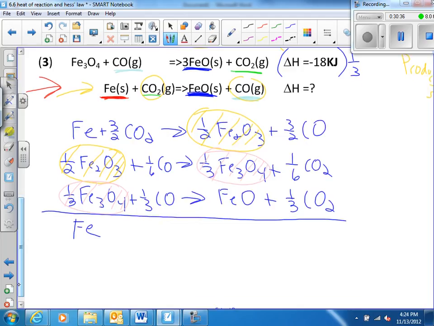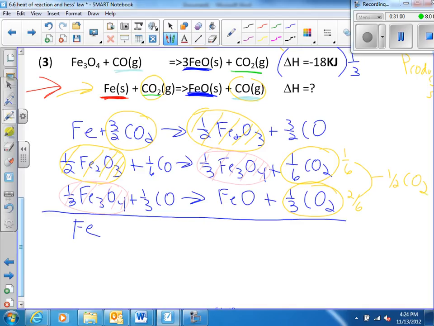Let's do the CO2s. I've got some CO2s here and some CO2s here. I've got 3/2 on the left and 1/3 plus 1/6. 1/3 is 2/6, and this is 1/6, so together these make 1/2 of a CO2.